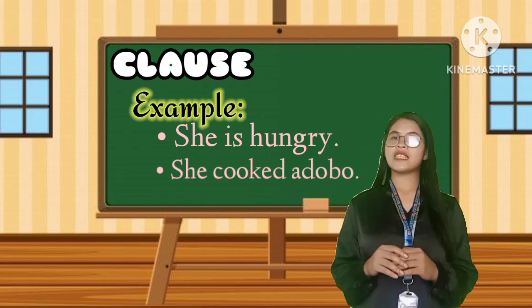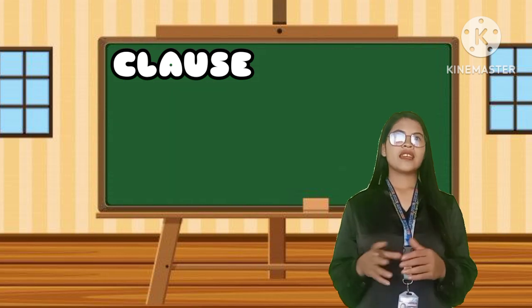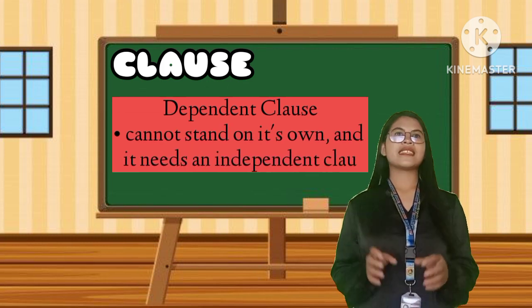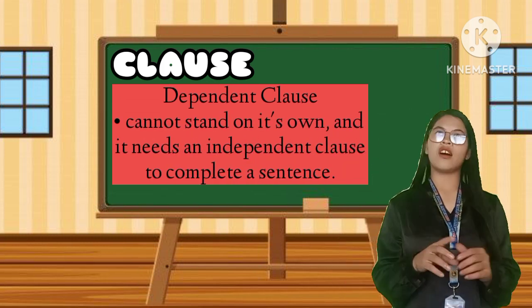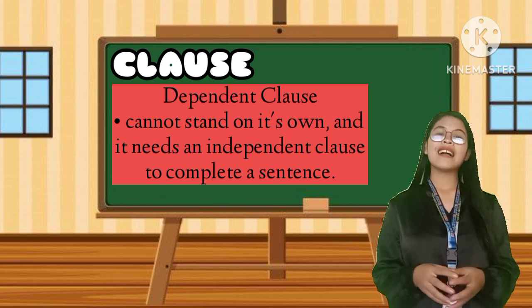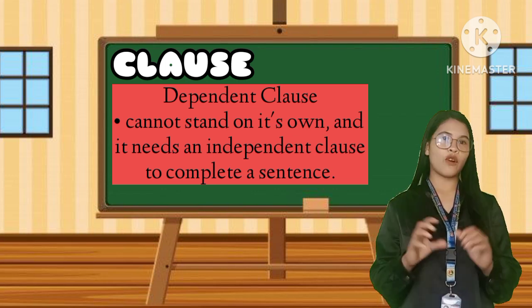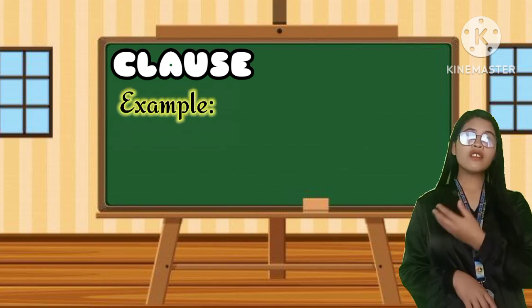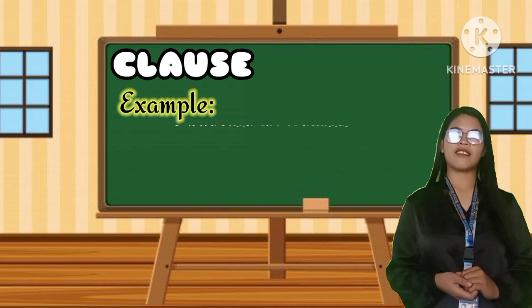Now, let's proceed to dependent clause. A dependent clause cannot stand on its own, and it needs an independent clause to complete a sentence. Now, to make it clear, let me give one example. The example is, although she is hungry.